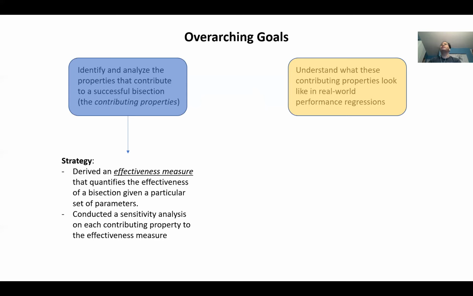This measure tries to quantify how effective bisection is going to be: what's the probability that this bisection, given these input properties, would succeed? Based on that effectiveness measure, I've conducted a sensitivity analysis on each of those contributing properties, just to see what effect each of them individually has.